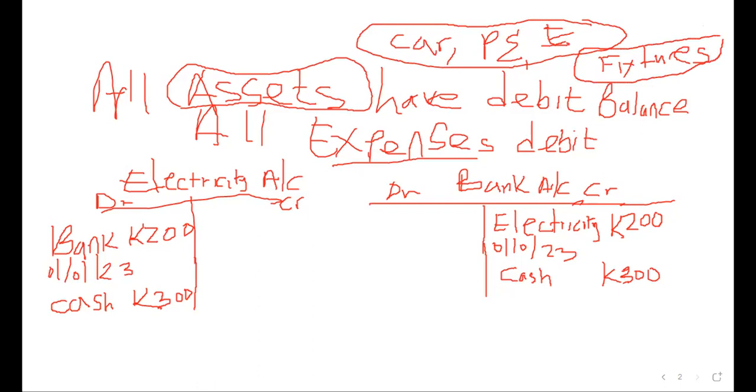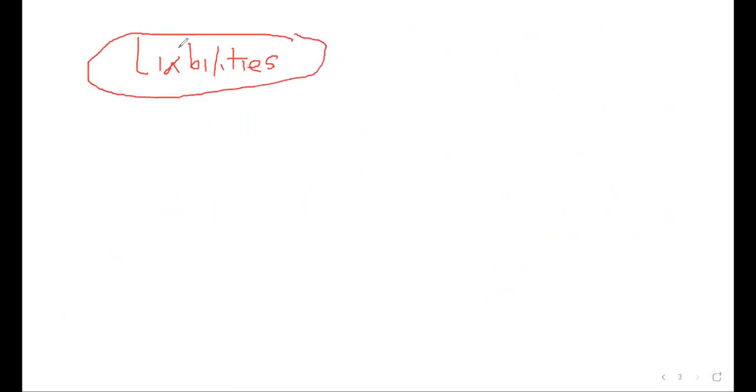Then we also have the other aspect where we're talking about liabilities. So liabilities are items that take away economic benefits from the business. For liabilities, we have a number of them. We have payables, which are called trade payables, account payables, or suppliers. These ones, we are supposed to pay.